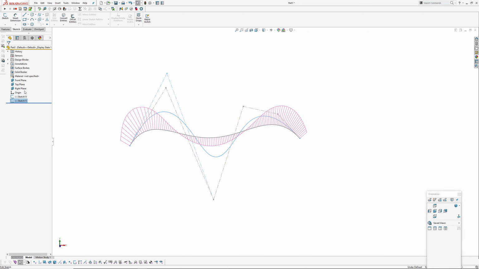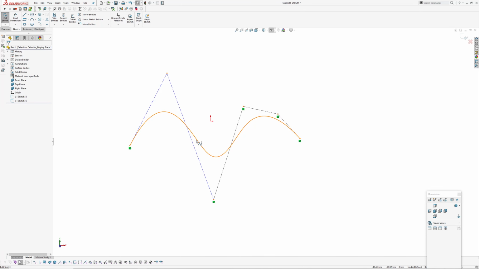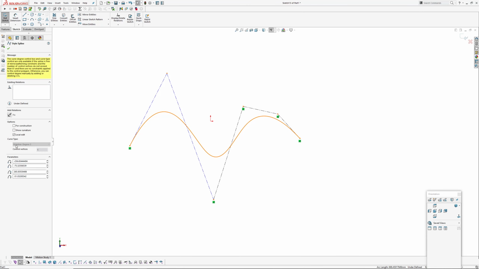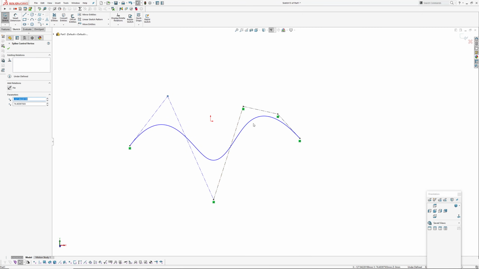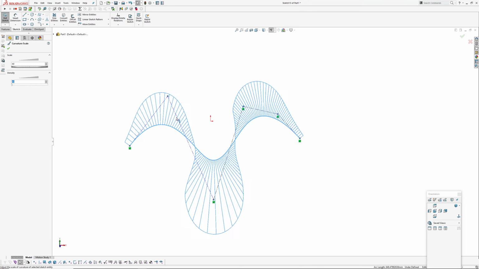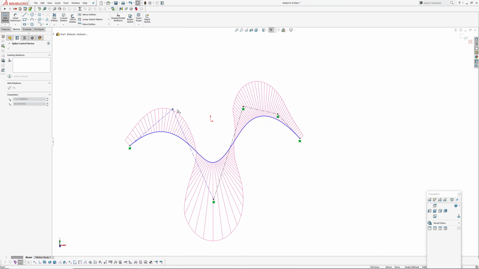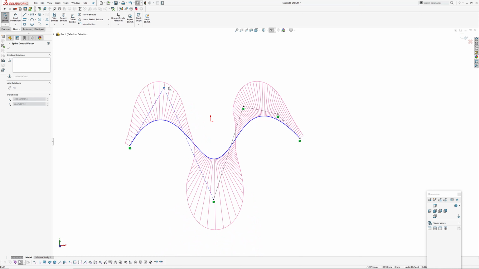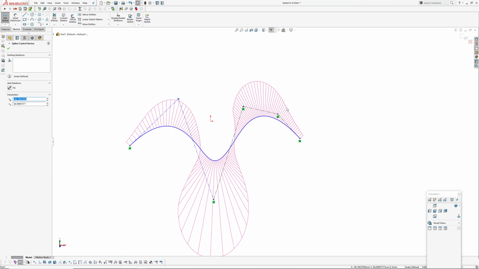We go into our degree 3 spline with 6 control vertices. That change on this point is localized. You can see the curvature graph here not changing at all.